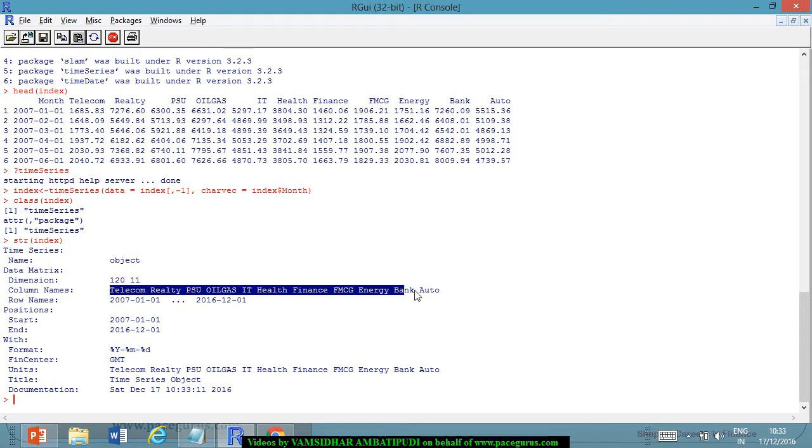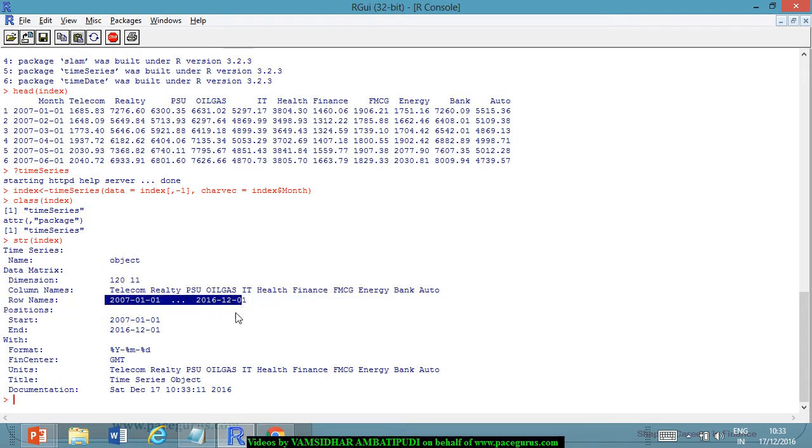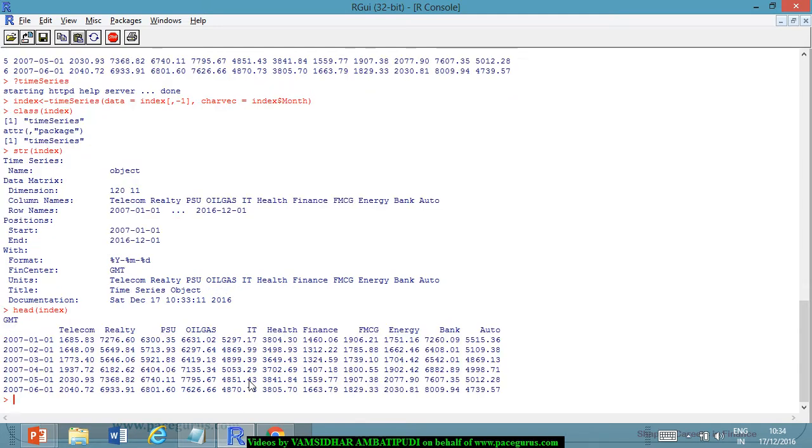These are the column names, these are the row names. So each of the time periods became the row names, starting from 1st Jan 2007 to 1st December 2016, in a date format like this. Even if you look at the head of index now, you don't see the heading for this time-related variable.